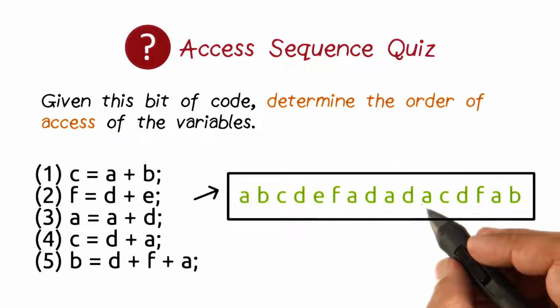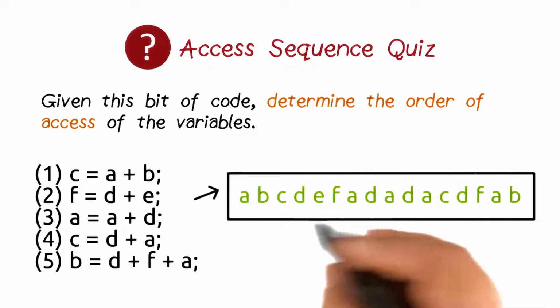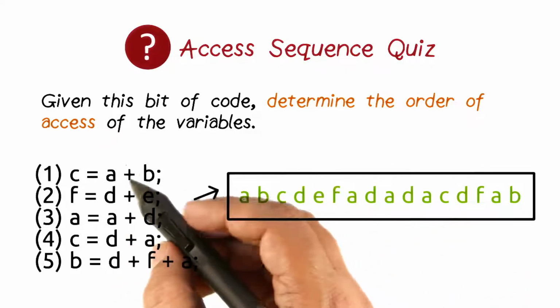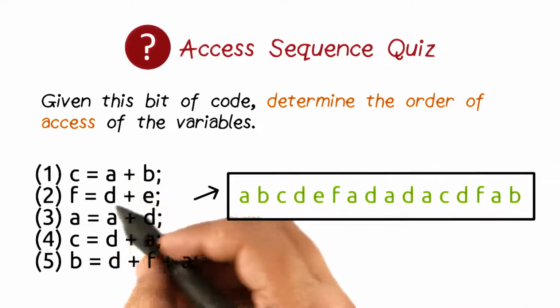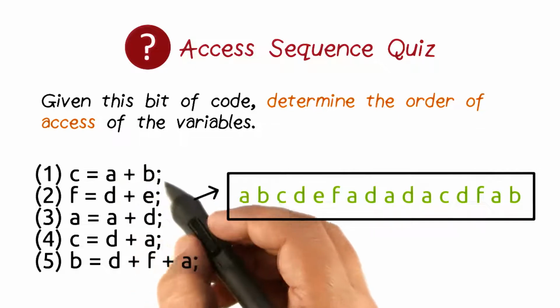Let us understand how this access sequence comes into being using this code. So again, what is going on is we are going to evaluate the right hand side expression here from left to right.